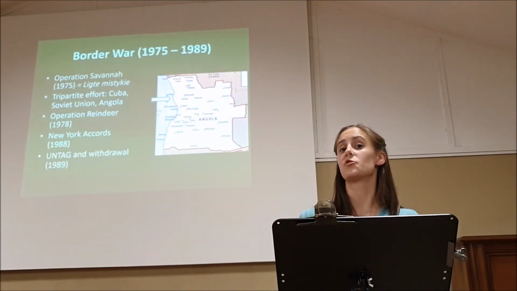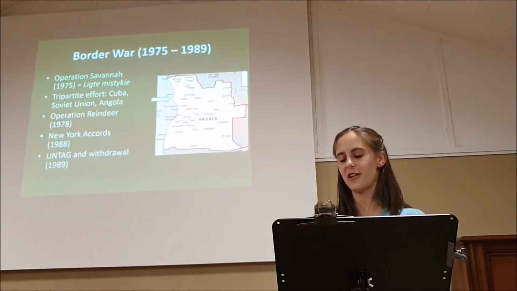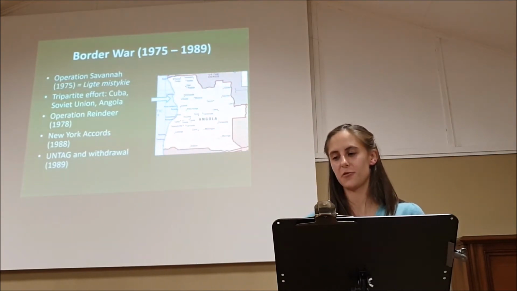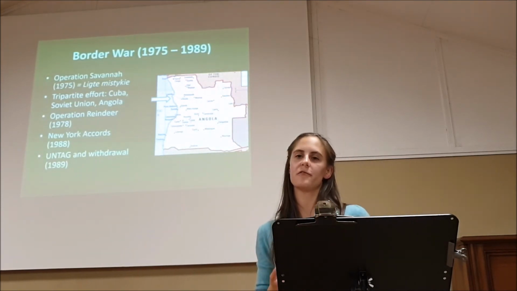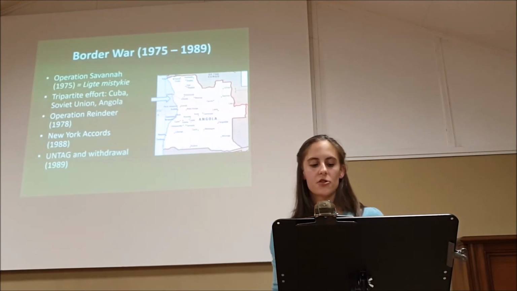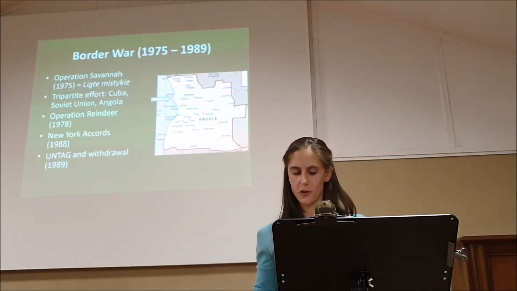Well, one obvious way is to take away or prevent SWAPO from threatening to use force if their demands are not met. So how do you do that? Well, you destroy their bases, which are in Angola.